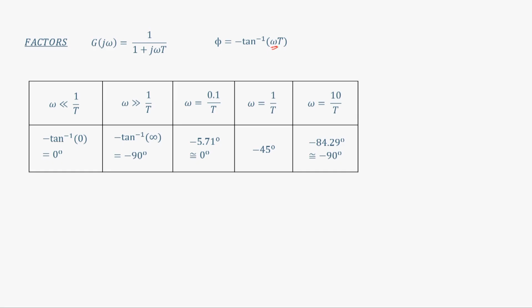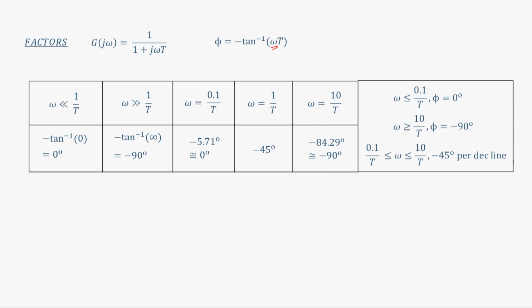So, as a whole if you take everything together, what is happening? At omega less than 0.1 by t we are at phi equal to 0 degree, at omega greater than 10 by t we are at minus 90 degree, and between 0.1 by t to 10 by t there is a minus 45 degree per decade line. Okay, because you see at 0.1 by t we are at 0 degree, at 1 by t we are at minus 45 degree, at 10 by t we are at minus 90 degree.